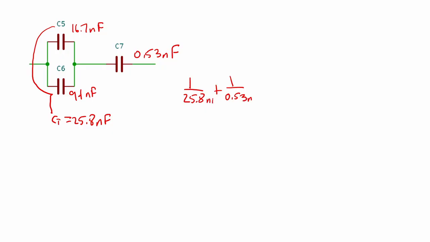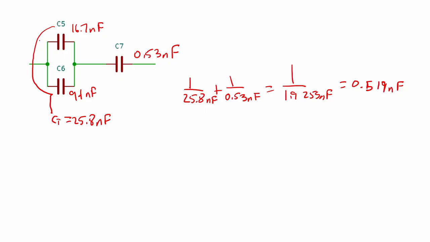I should probably put my units in there. Here we go. Which gives us 1 over 1.9255 nanofarads. We do our math there, and we get 0.519 nanofarads. Pretty dang close.